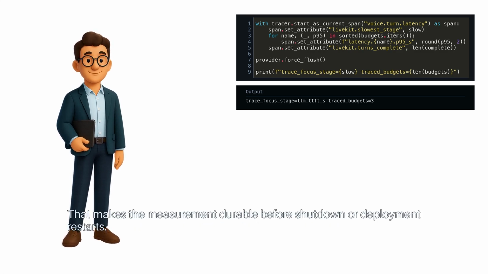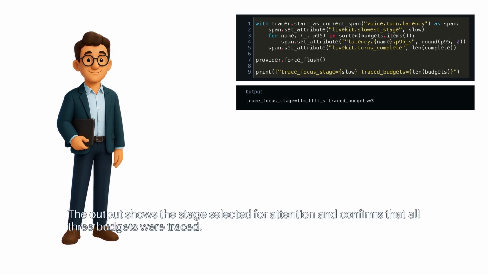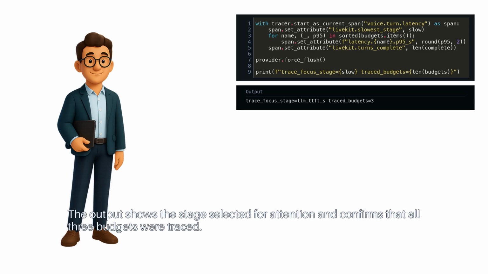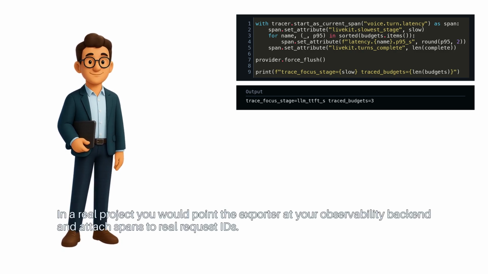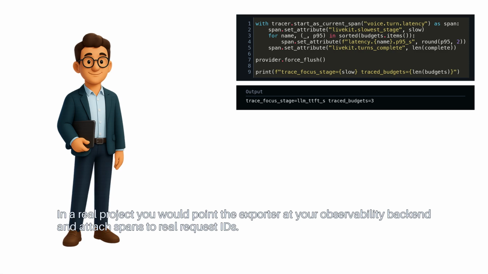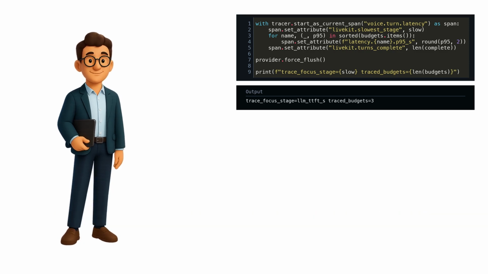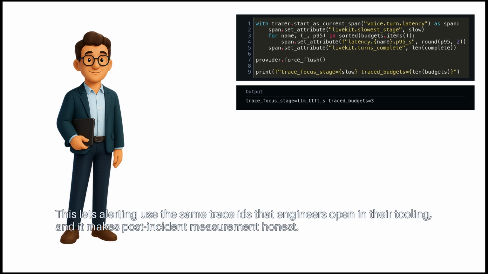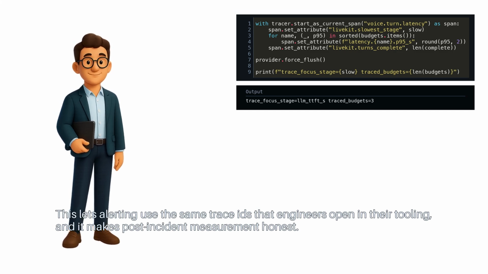That makes the measurement durable before shutdown or deployment restarts. The output shows the stage selected for attention and confirms that all 3 budgets were traced. In a real project, you would point the exporter at your observability backend and attach spans to real request IDs. This lets alerting use the same trace IDs that engineers open in their tooling, and it makes post-incident measurement honest.